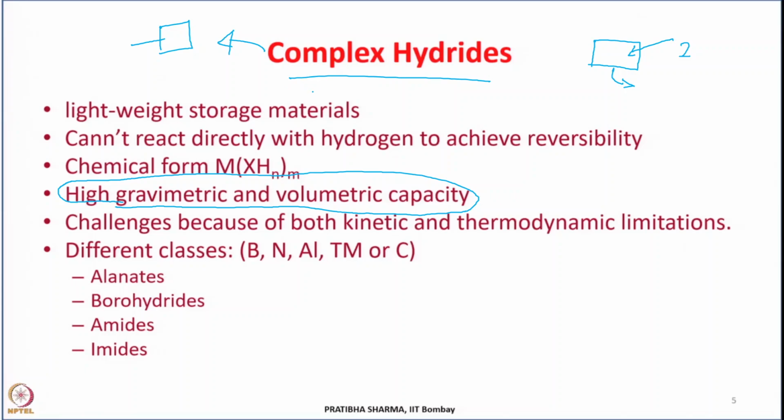But here the complex hydride is also formed with the metal. But here what happened? Here one thing is XHn M. This is the symbol of the complex hydride.